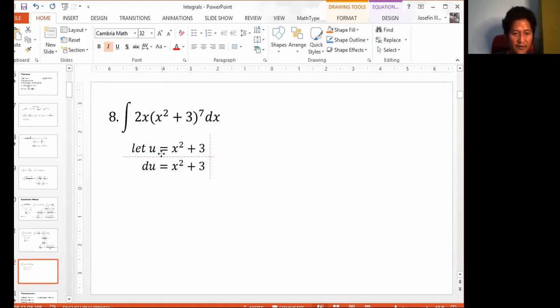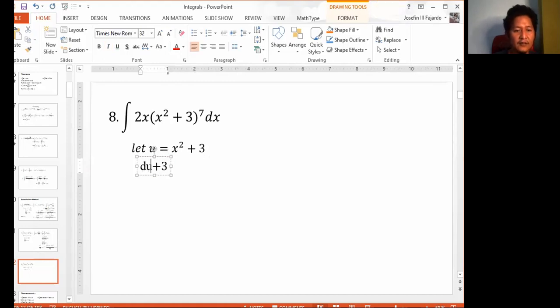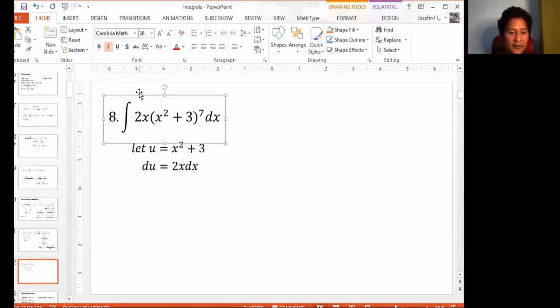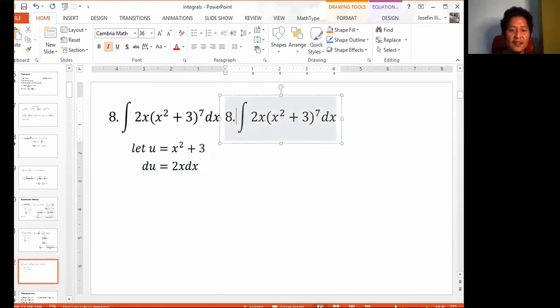Derivative of u, this would just be du, and then derivative of x squared will be, sorry, du, and this becomes 2x, and then the derivative of the base, which is dx, and the derivative of the constant again will be 0. Okay, now notice yung ating example ay itong ating previous function, hindi ko na nilabas yung constant.